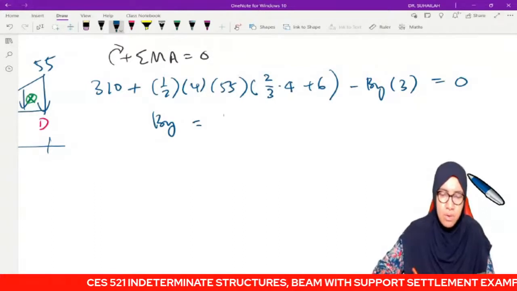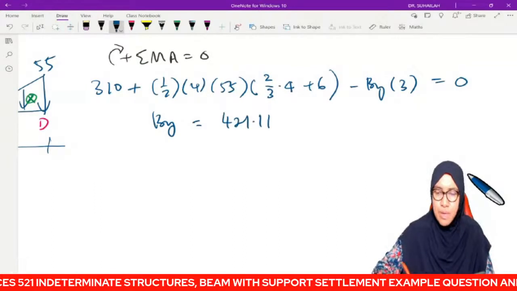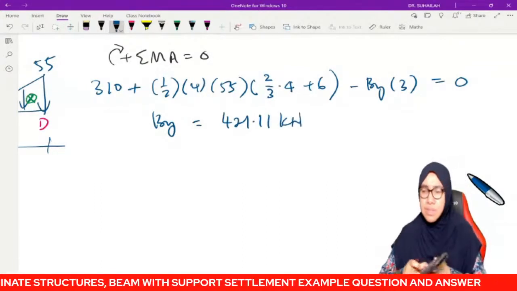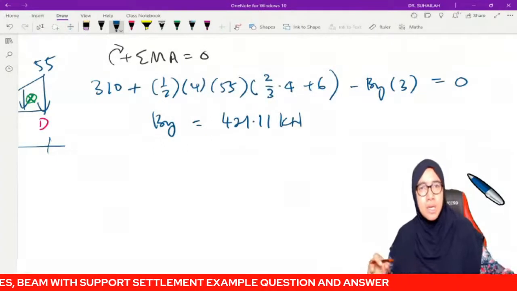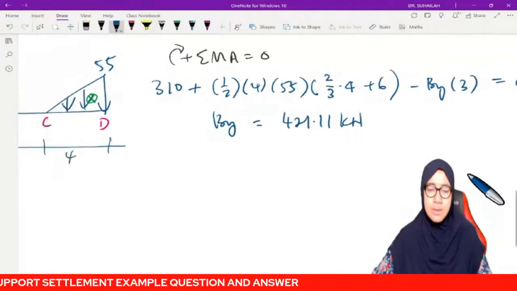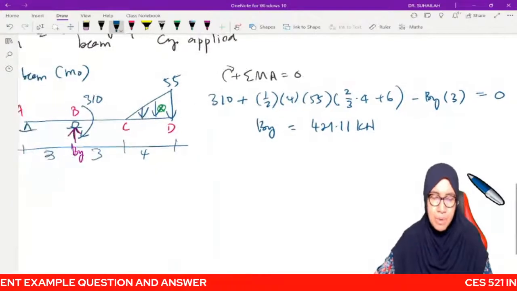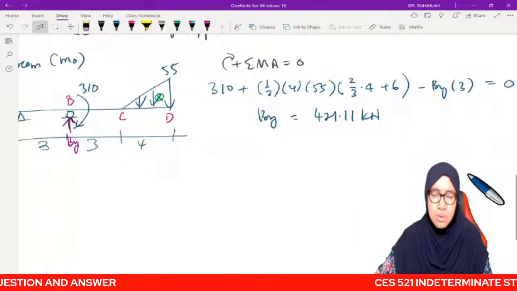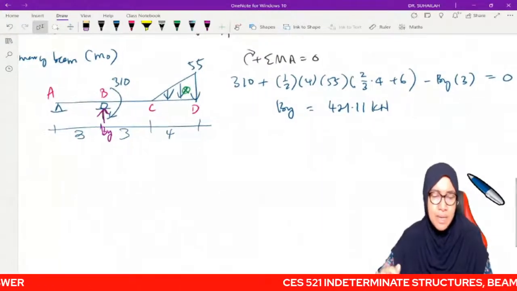So we get 411.11 kilo Newton. This is the BY value.